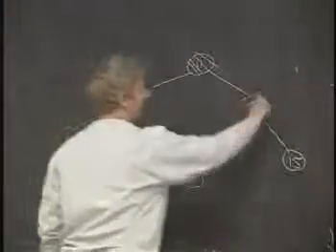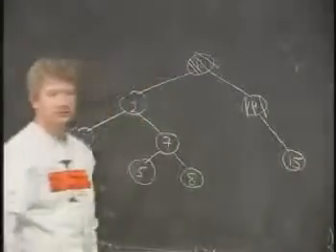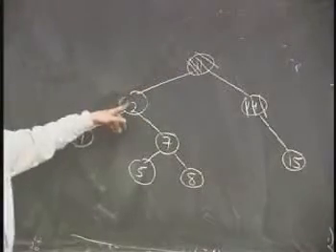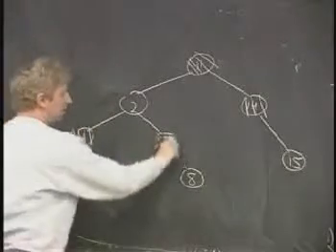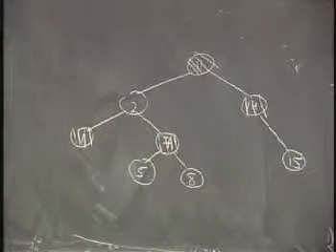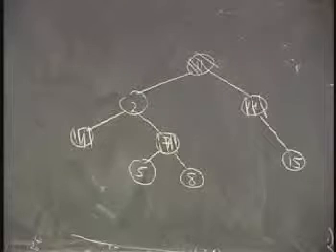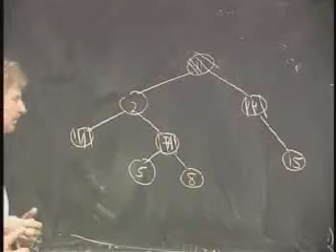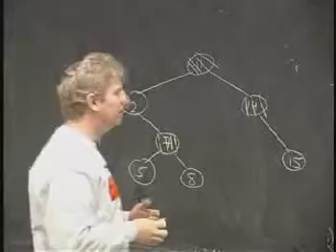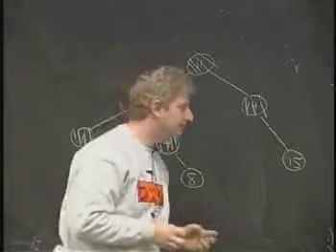This side's black, and this is red, and this is red. If this is red, then these 2 have to be black. Well, is there any reason why we should color anything red? Because if everything's black, then it always fits our rules. What is the rule that means we should color anything red?